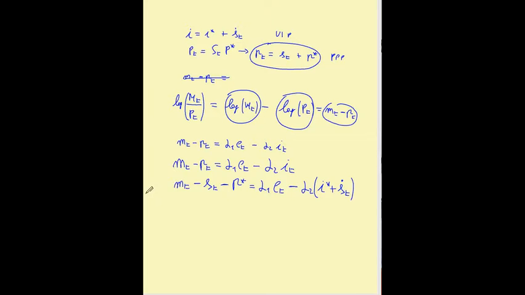What we have to do is to have a relation between S dot T and ST. This is a differential equation in the exchange rate, and it's easy to get S dot T from this equation.